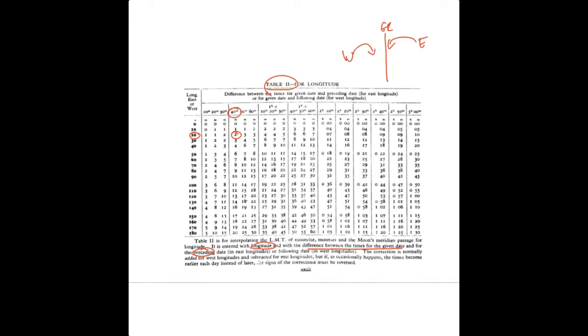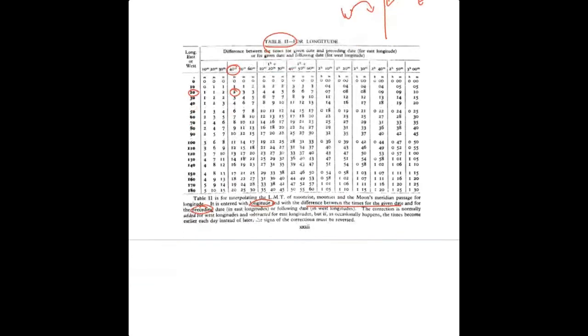So should you forget this at the exam, it's all in your booklet. So never forget that there is a lot of valuable information available to you in the Nautical Almanac. Okay. Now the correction is to be added for western longitude and to be subtracted for eastern longitudes.